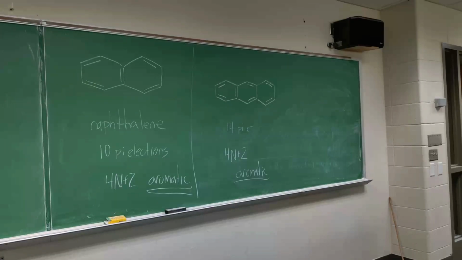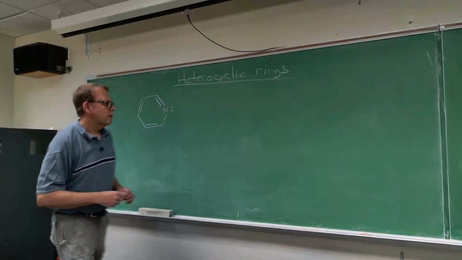So we're going to start looking at heterocycles. We'll call them heterocyclic rings. The heterocyclic means that there's a heteroatom in them. That's an atom that's not carbon. Could be nitrogen, could be oxygen, could be sulfur. But something other than carbon is making up the ring. So what would be going on with this molecule?